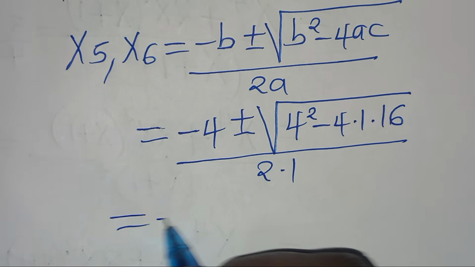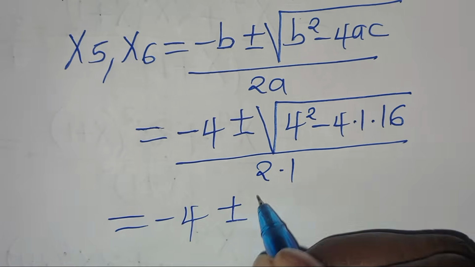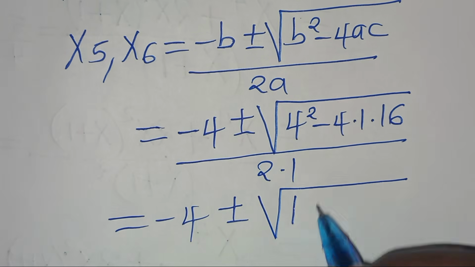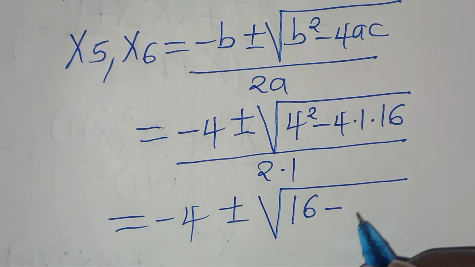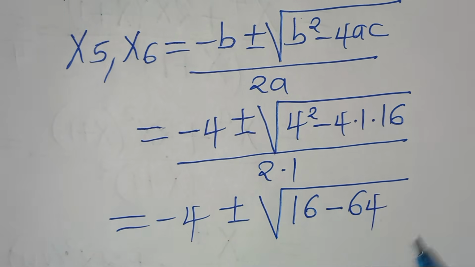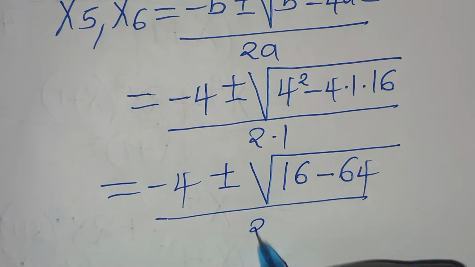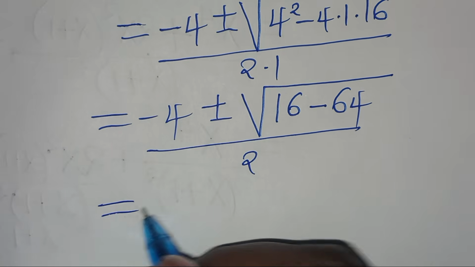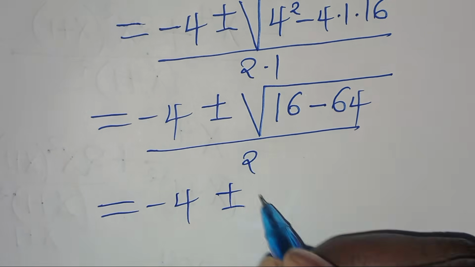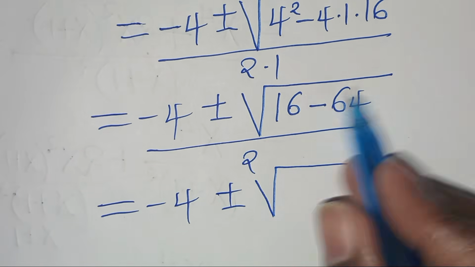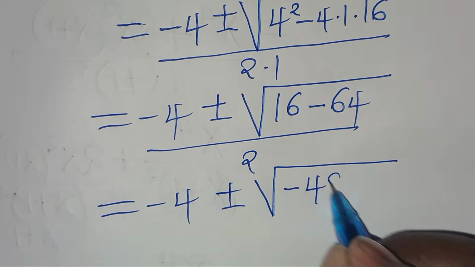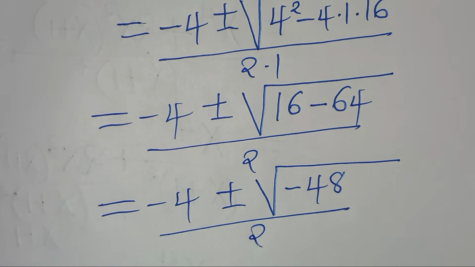So this is negative 4 plus or minus the square root of 4 squared, which is 16, minus 4 times 16, which is 64, divided by 2. So this is negative 4 plus or minus the square root of 16 minus 64, which is negative 48, divided by 2.